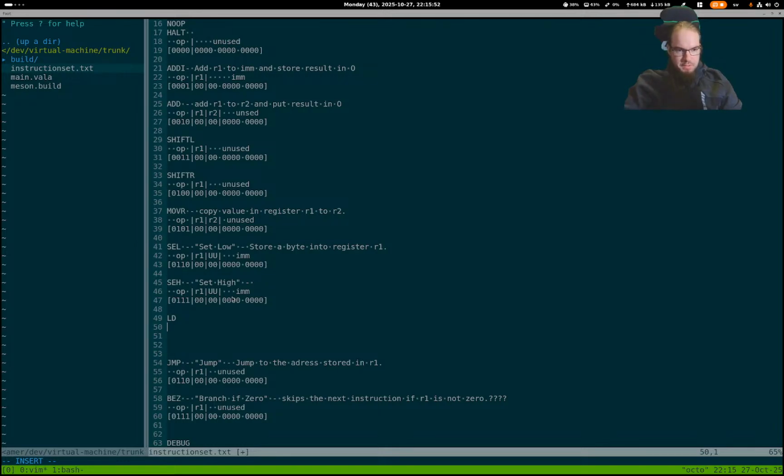So we need an opcode, and R1, R2, and unused.